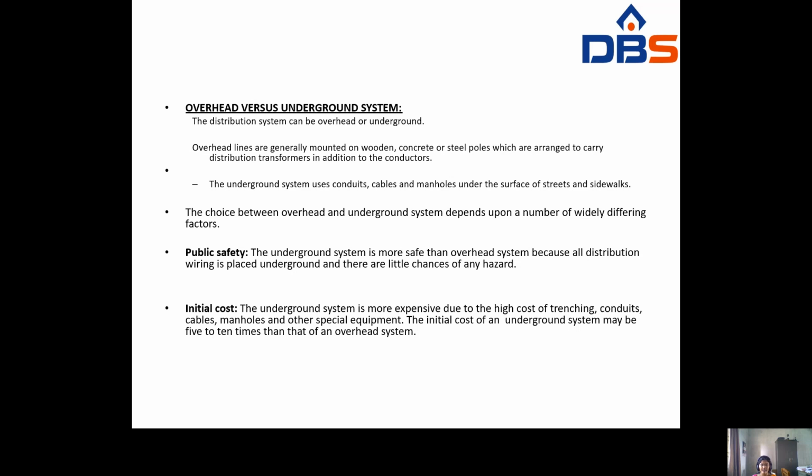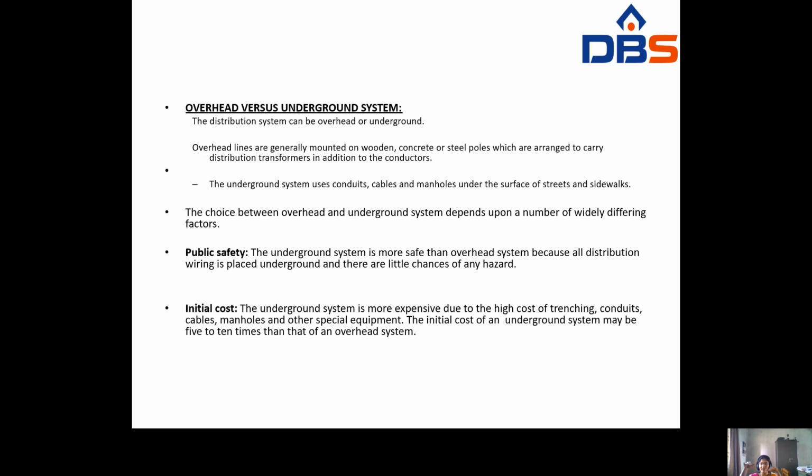Initial cost. Compared to the overhead system, the underground system is more expensive due to the high cost of trenching, conducting cables, manholes and other special equipment. The underground system is more expensive because of the high cost of trenching.